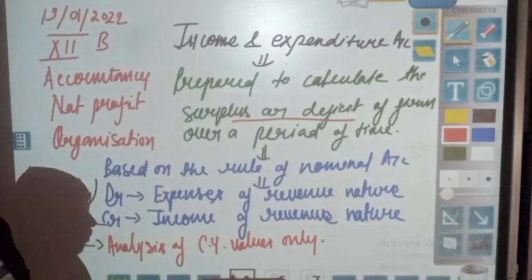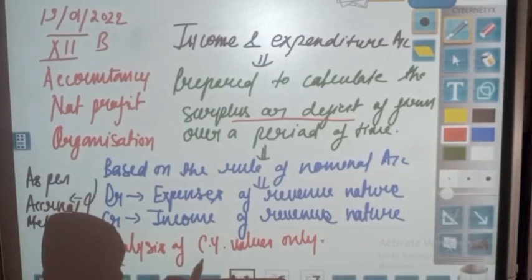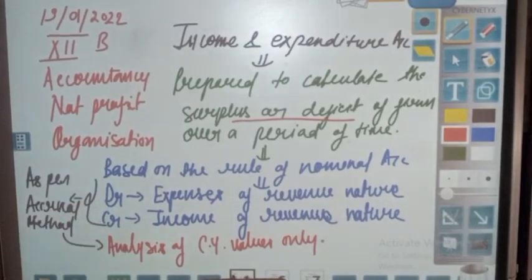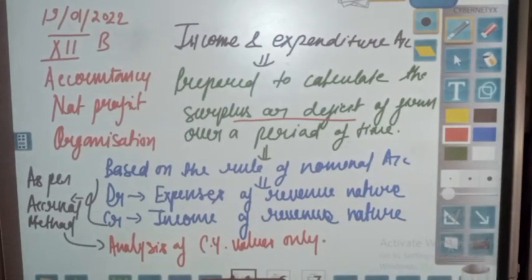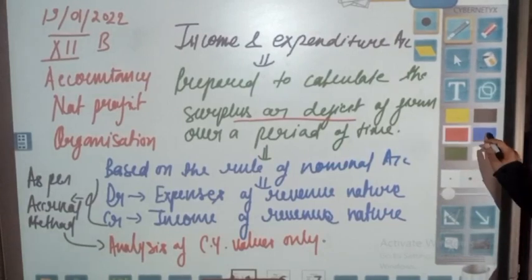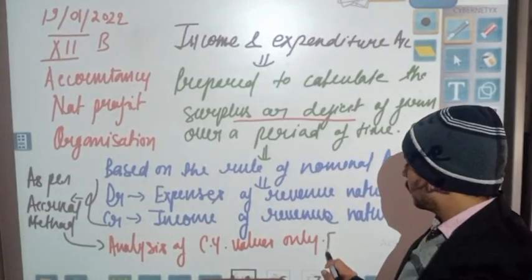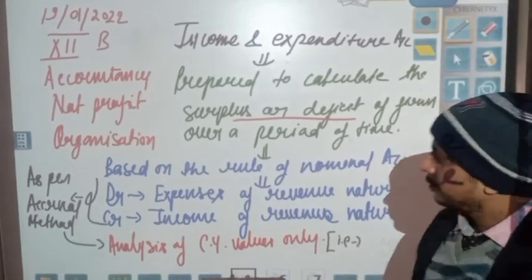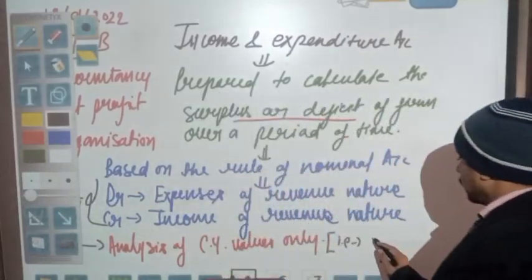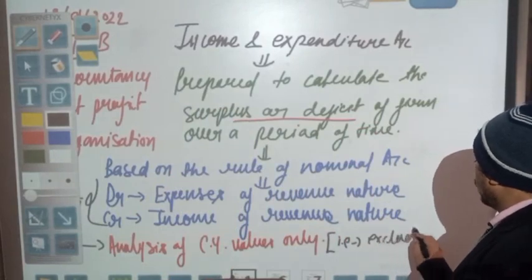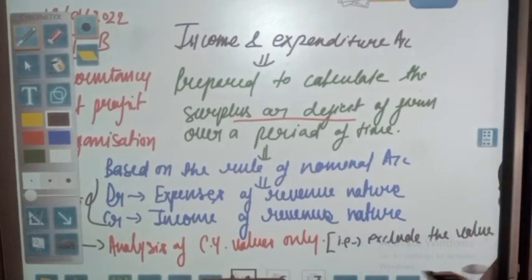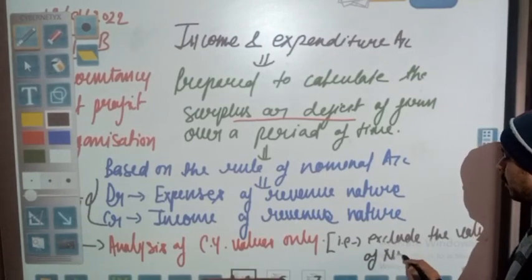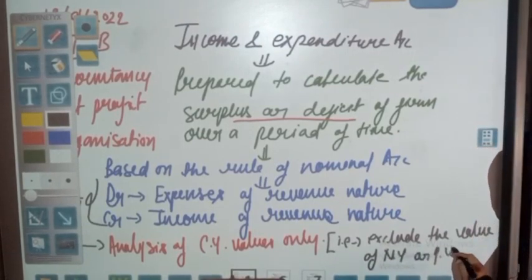It means whatever the adjustments or transactions which are not recorded for the current year will be excluded, and we exclude the value of next year or the previous year.